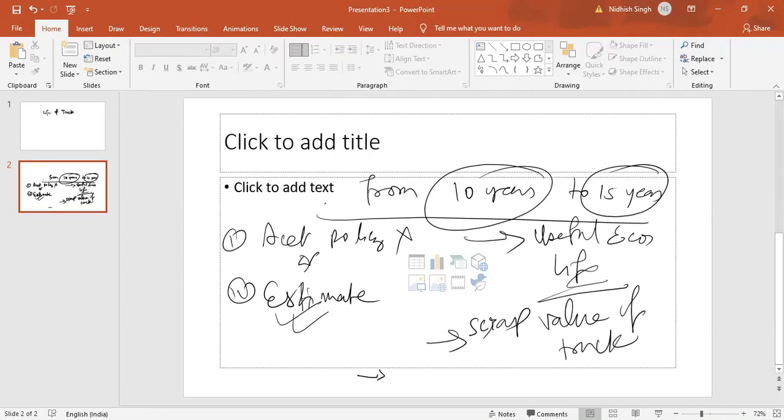Or the third change I can do is, what else? Depreciation method. No, I will factor that one later on. Thanks for adding, but I'm just trying to stay in the estimate section. I'm just trying to change the estimates.